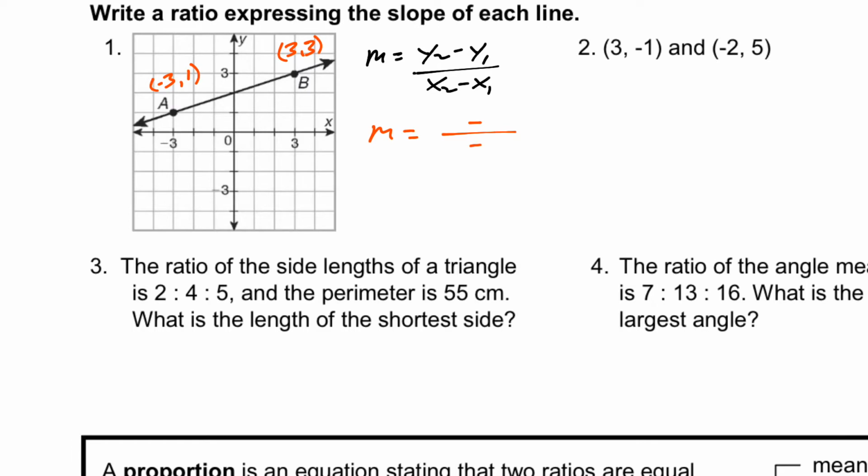My y values are 3 and 1. And then in the same order, using this point first and this point second, my x values are 3 and -3.